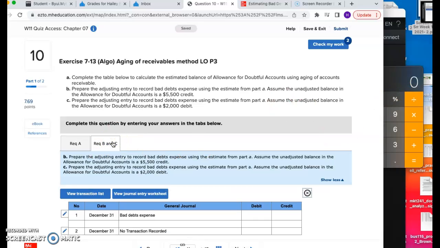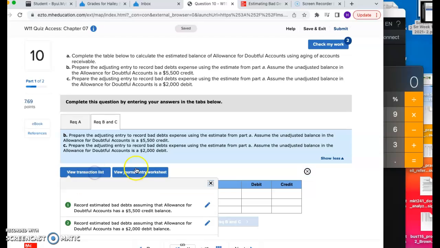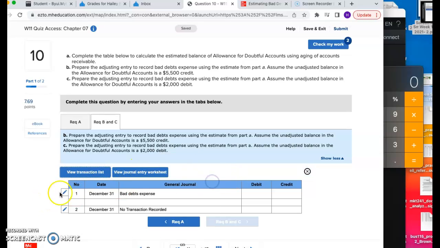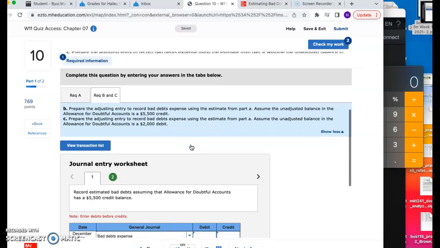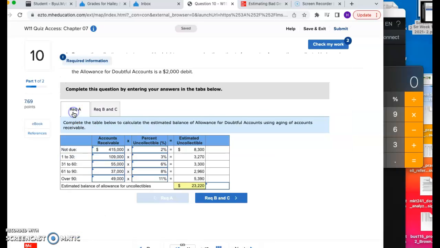So, for this next step, it says to record the estimated bad debts, assuming that the allowance for doubtful accounts has a 5,500 credit balance. So since it's credit, we're going to be subtracting.